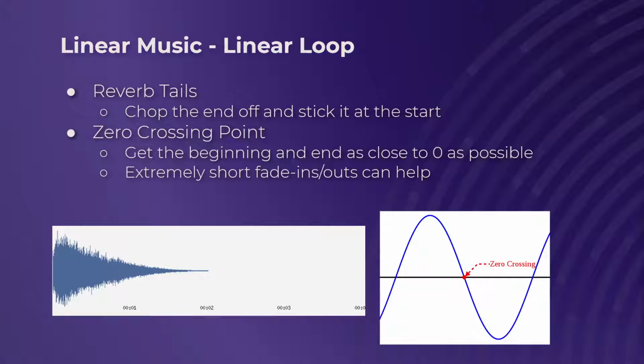It'll be imperceptible, nobody will ever notice, but it won't have a click, because if it isn't on zero and they're not lined up properly, when it loops it will click. That's noticeable 9 times out of 10, versus a super easy fix that's unnoticeable. It's just a good practice to do.